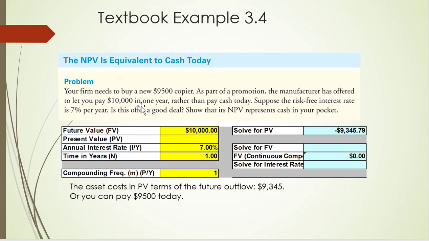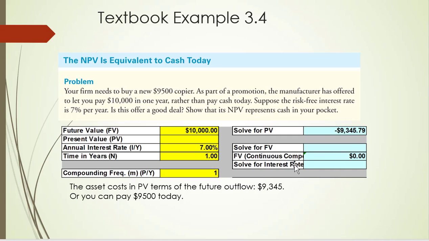Well, let's find the present value of this $10,000. You're going to pay $10,000, so you'll need $10,000 in 1 year. At 7%, the present value of that is $9,345.